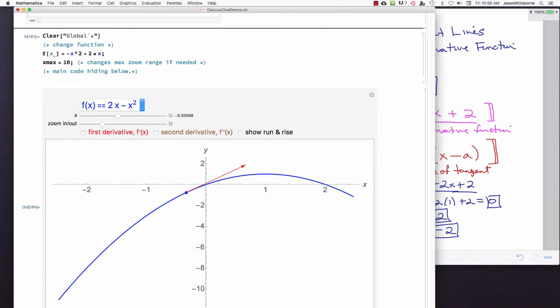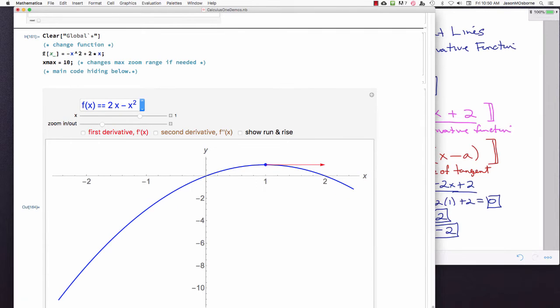So what we're seeing here, for example, is at 1, there is our tangent line. If we show the rise over run, we're seeing that the slope of that line is 0. The line is flat, which is why in the computational video we got that the equation of that line was y is equal to 1.